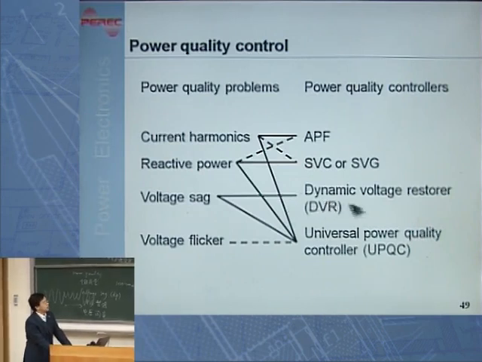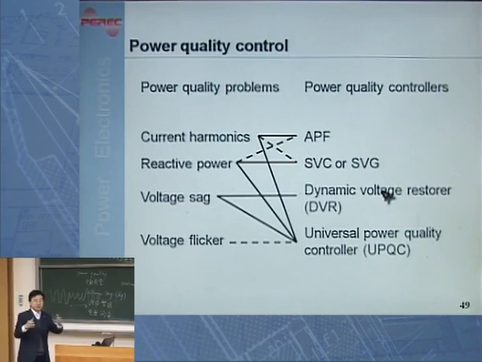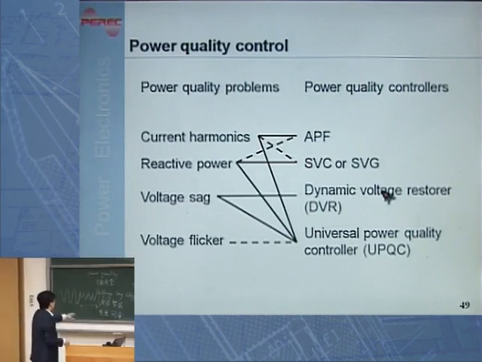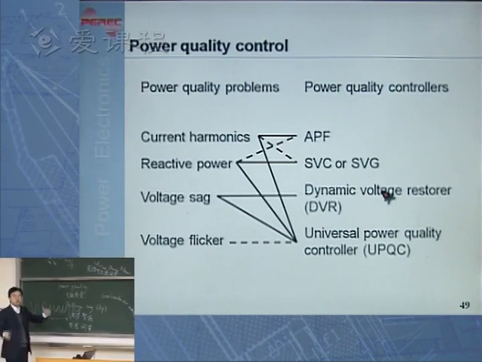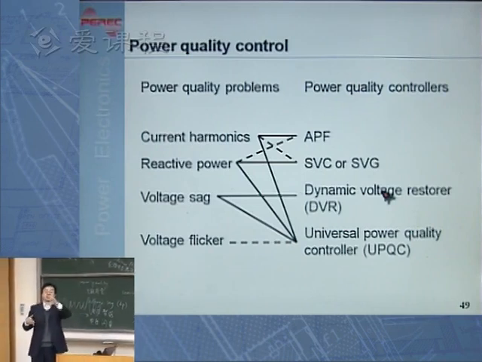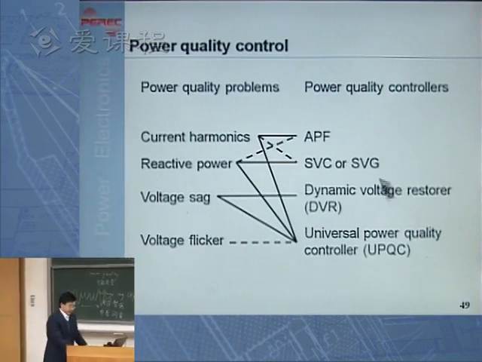And you can use another power converter, which is called a dynamic voltage restorer, to deal with voltage sag. I will not get into detail, but you just hear about the name, and in the future you will have a chance to look into details. It is also a power converter to mitigate this voltage sag problem, so that we make sure the load will always see this constant magnitude voltage. Okay.